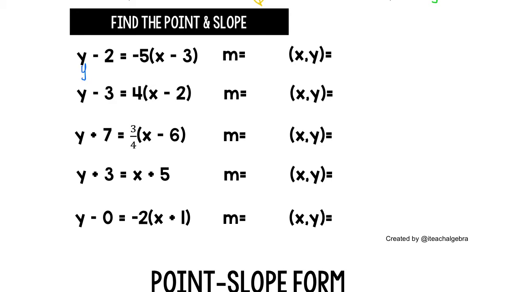Well, if I write directly below this the formula for point slope form, we'll see that m is -5. We see that x1 is 3 and y1 is 2.